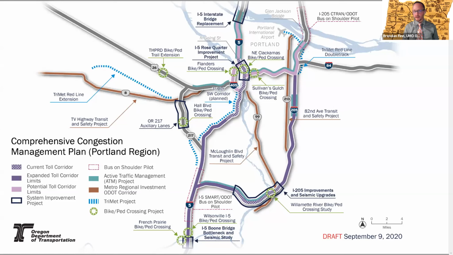We do know that they have to stay within the constitutional guidelines of Article 9, Section 3, but that has the ability to make improvements on various rights of way. So we will be coming back with that definition of a corridor soon. Metro has a definition as well.